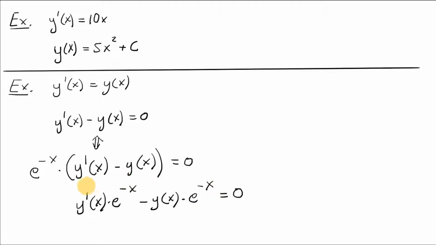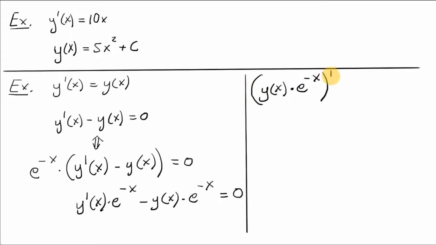Now, this left-hand side we can rewrite in the following way. Like this. And the reason for that is that here is the derivative of a product of two functions. And if you do this, you will end up with the left-hand side here.